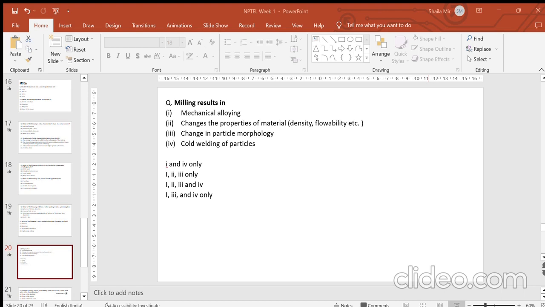Now, in a typical milling process, if the milling speed is, this is what we have done also. So the question is, in a typical milling process, if the milling speed is increased 4 times, how will it affect the milling time? So the relation between milling time and milling speed, you have to utilize that, and you have to say what will happen to the time if milling speed is increased 4 times.